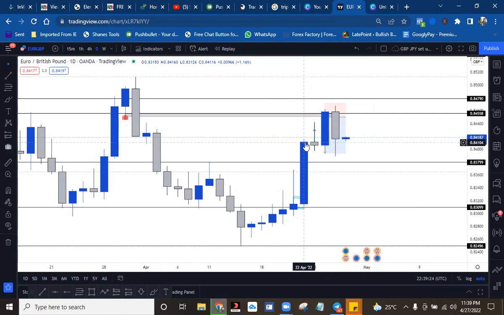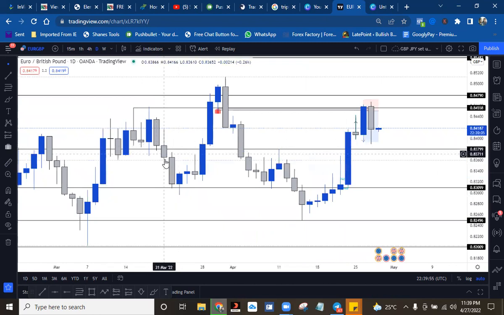Throughout that day, the Euro was really, really strong, and they pushed so high, all the way from 0.83155 to 0.84120. If you want to see how many pips that was worth from here to here, that was about 102 pips of movement on the 22nd of April. Okay, so this is just how you understand your time frames.